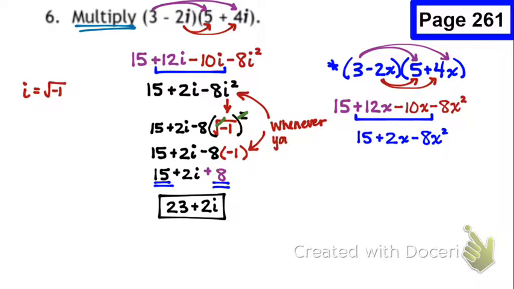Whenever you see i squared, replace with negative 1. Always, always, always, always. That is the only way our complex numbers are different than just doing this with x's.